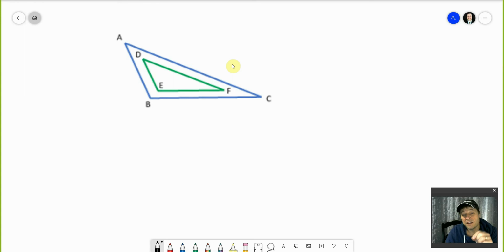So in other words, they could have the exact same geometry, like angle E is the same as angle B. Angle D is the same. Oh, you guys can't see my mouse, can you? I forgot about that. Okay, so we could say that angle E is the same as angle B, and angle D is the same as angle A, and angle F is the same as angle C. So if those angles are all the same, these triangles are similar.